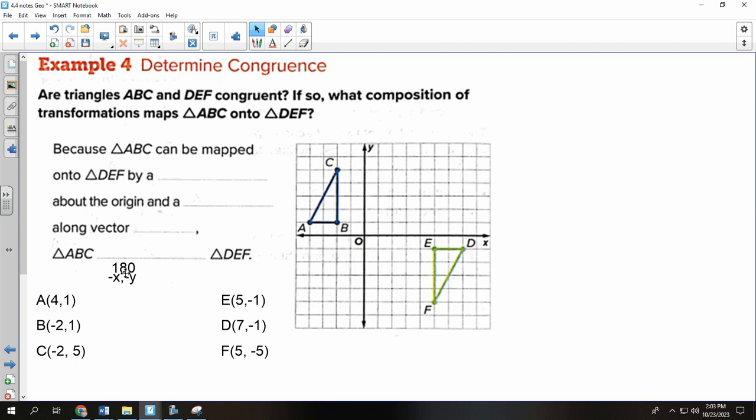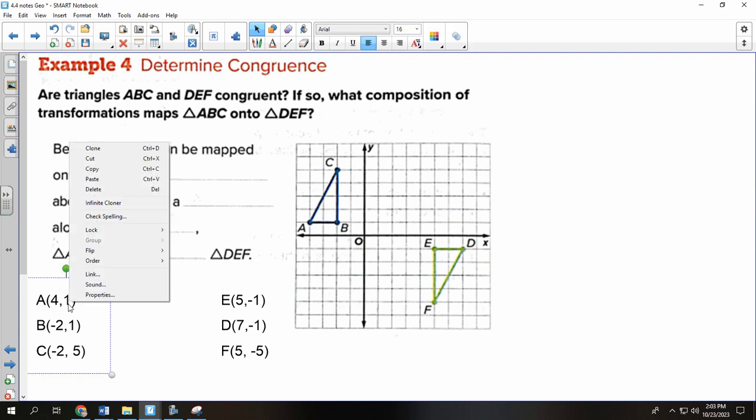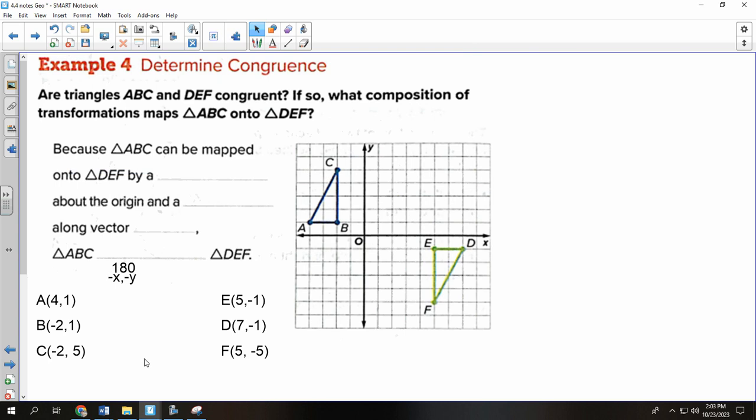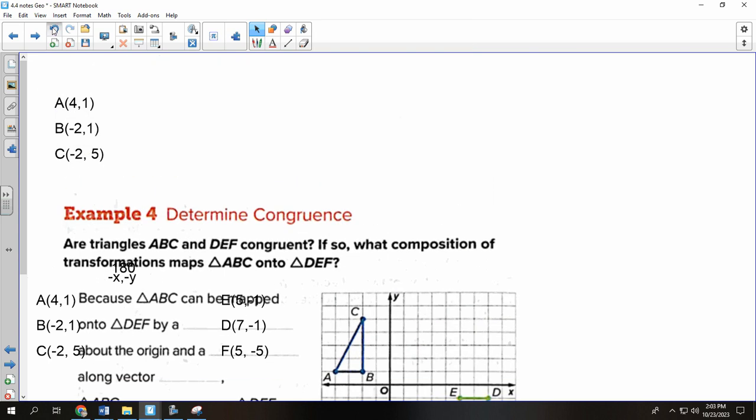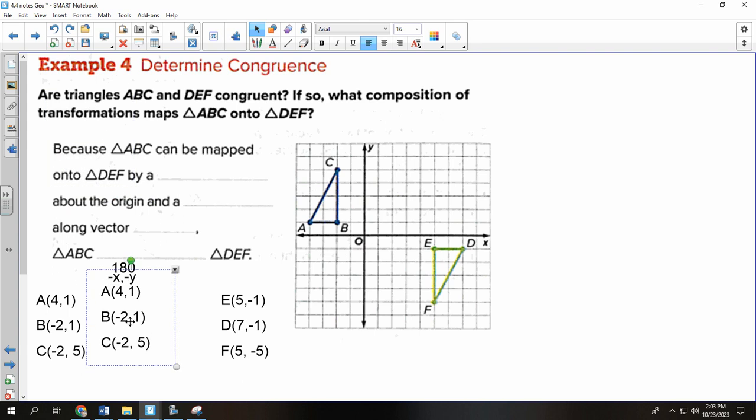So if we do a 180-degree rotation, that takes our x and our y and it changes the sign. So we take our x and our y, we make them negative. We're changing the sign.